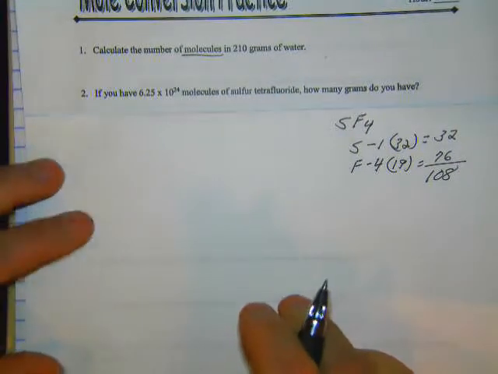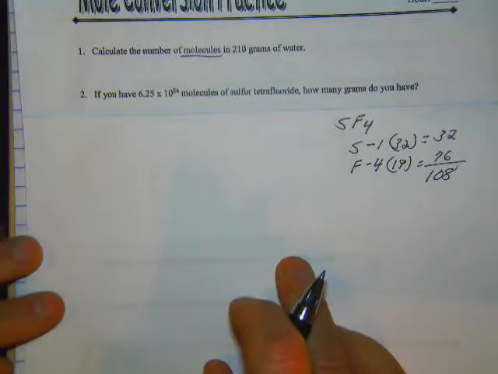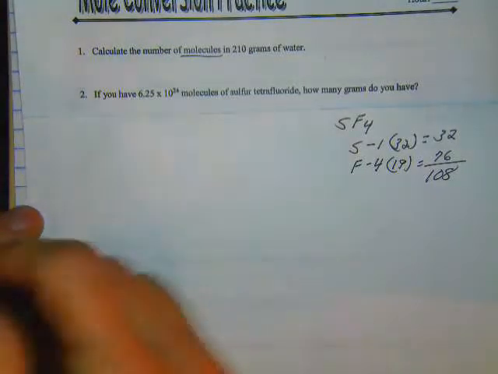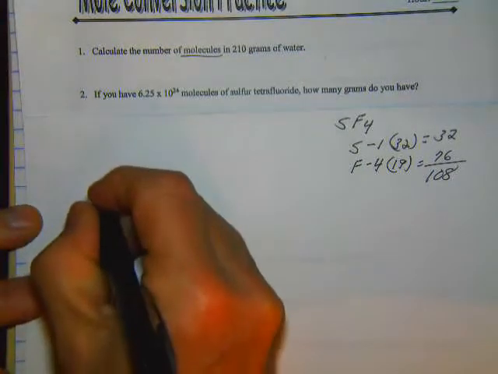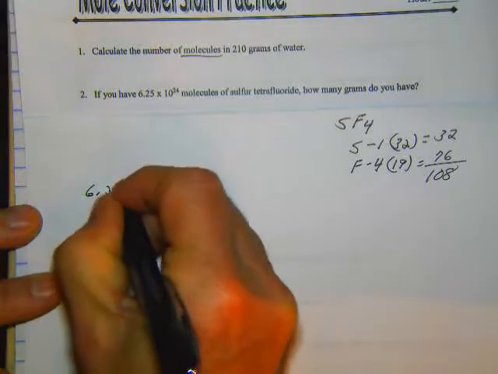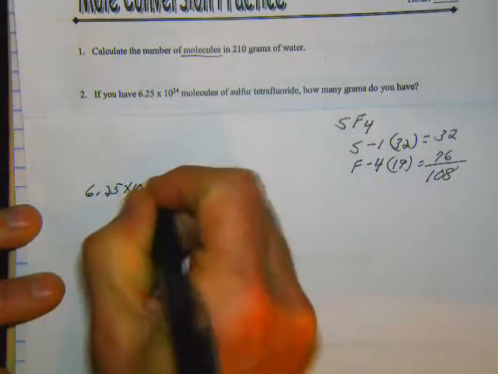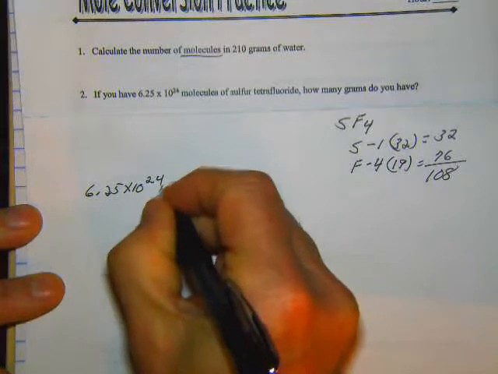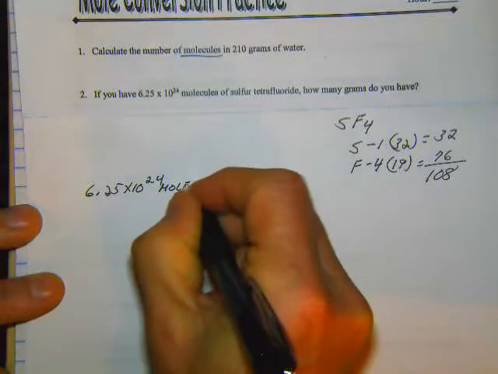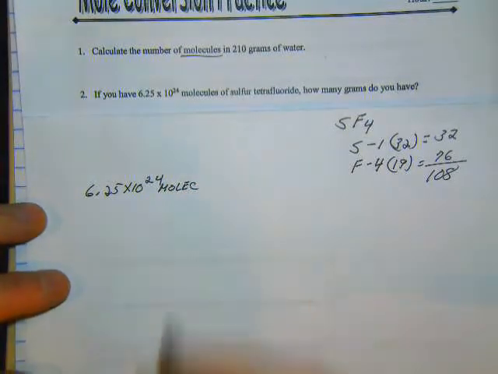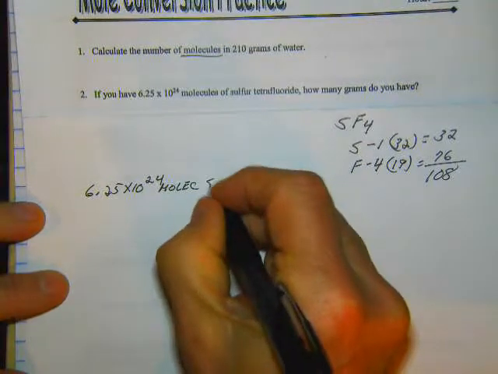Well, we've got everything we need now. Now it's just a matter of putting it in form and rolling with it. So we have 6.25 times 10 to the 24th molecules. I'm going to just shorten that down to MOLEC, and it's sulfur tetrafluoride.